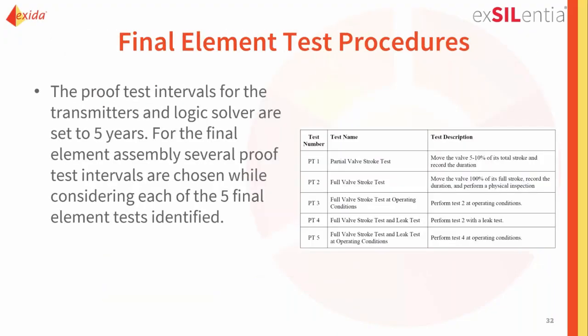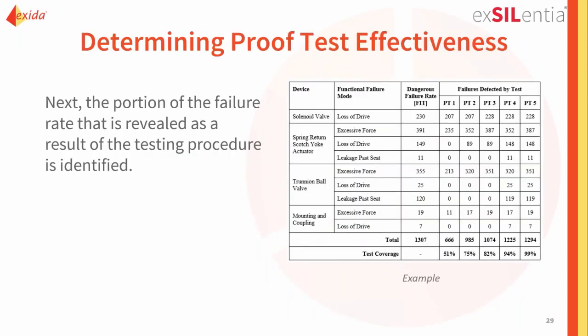on this slide here, where we have a solenoid, a particular functional failure mode, loss of drive for the entire final element assembly, has a total dangerous undetected failure rate of 230 FITs, 230 times 10 to the minus 9 failures per hour. And then we can see what the coverage is, how many failures are detected by the test.